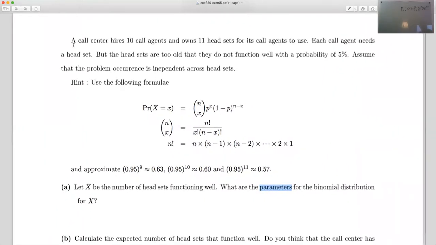A call center hires 10 agents and owns 11 headsets. They are hiring 10, but they have 11, right? But the headsets are too old, so they are not functioning well with a probability of 0.5.